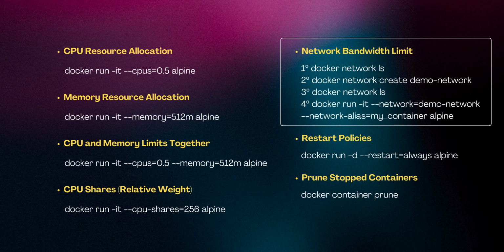So first you can do docker network ls to list all the currently existing networks in your environment. And if you'd like to create a new one, you can do that by running docker network create, and let's call it demo-network for the time being. If you run then docker network ls command again, you'll be able to see the newly created network in that list.